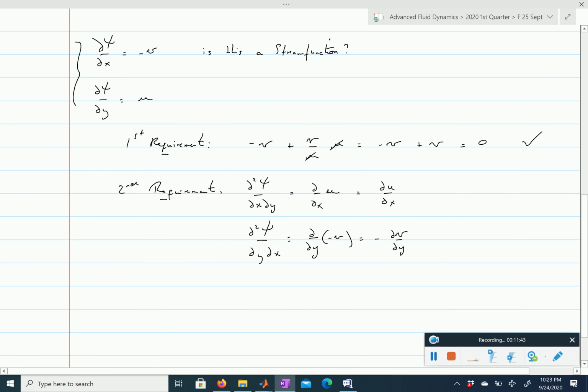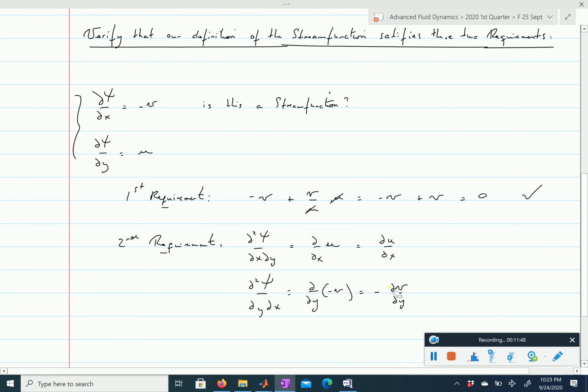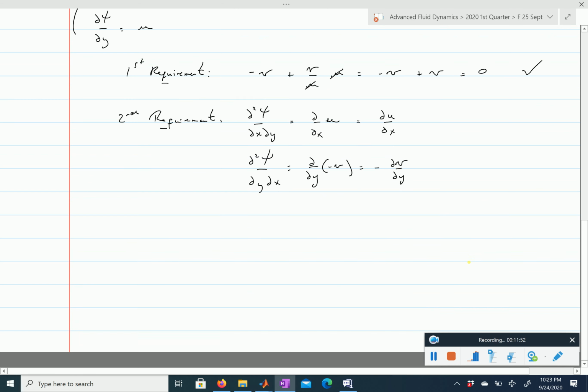Right, so are the cross derivatives of these two equal to each other? The answer is yes, provided the flow is incompressible.